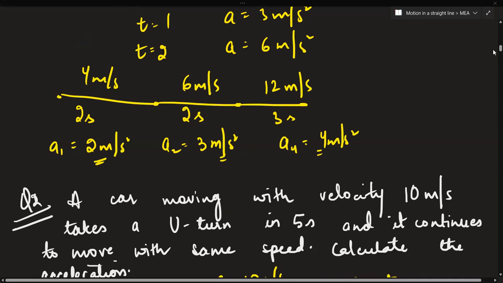Okay class, the car is moving first with velocity 10 meter per second, then it takes a U-turn.